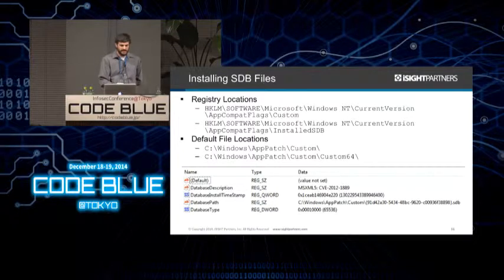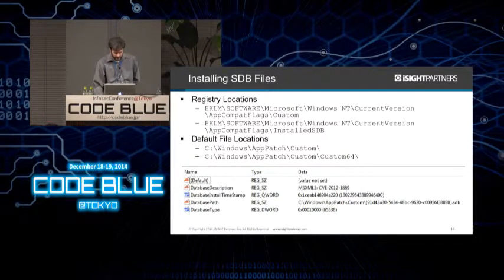Each key will be a name of an executable. So you might find iexplore.exe under there. You might find winword.exe, firefox.exe, etc. If there's an associated entry in there, you then grab a GUID from there, and then you match that to this other path here, appcompat flags installed SDBs.